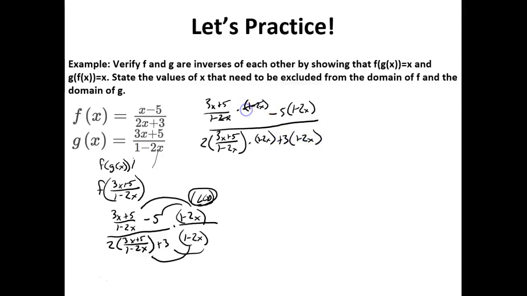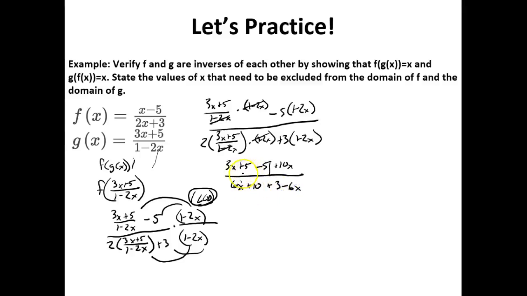When I look at this, that goes away, this goes away. In the top, I'm left with 3x plus 5 minus, do the distribution, 5 plus 10x. And in the bottom, do the distribution, 2 times 3x is 6x plus 10. Do the distribution, plus 3 minus 6x.